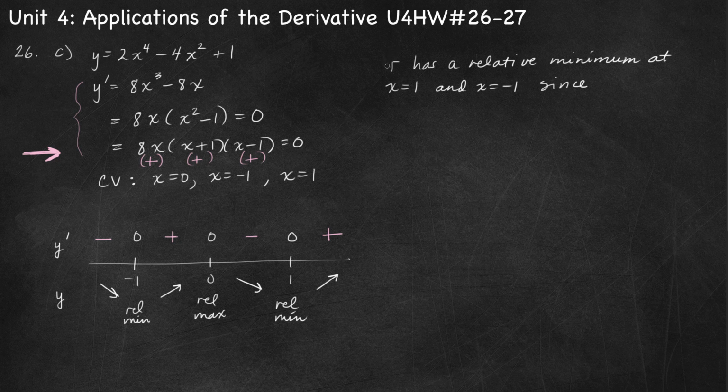It's a hard habit to break. y has a relative minimum at x equals 1 and x equals negative 1 since y prime changes from negative to positive at these values.